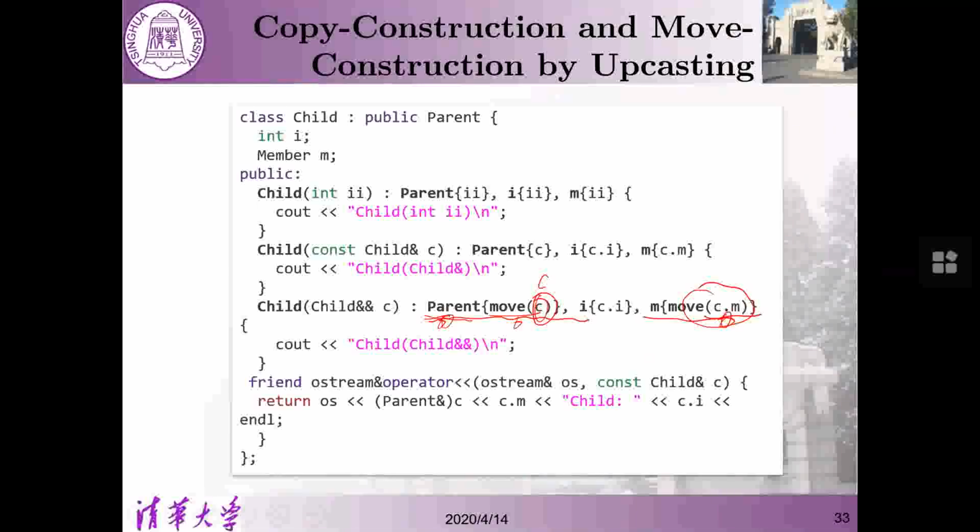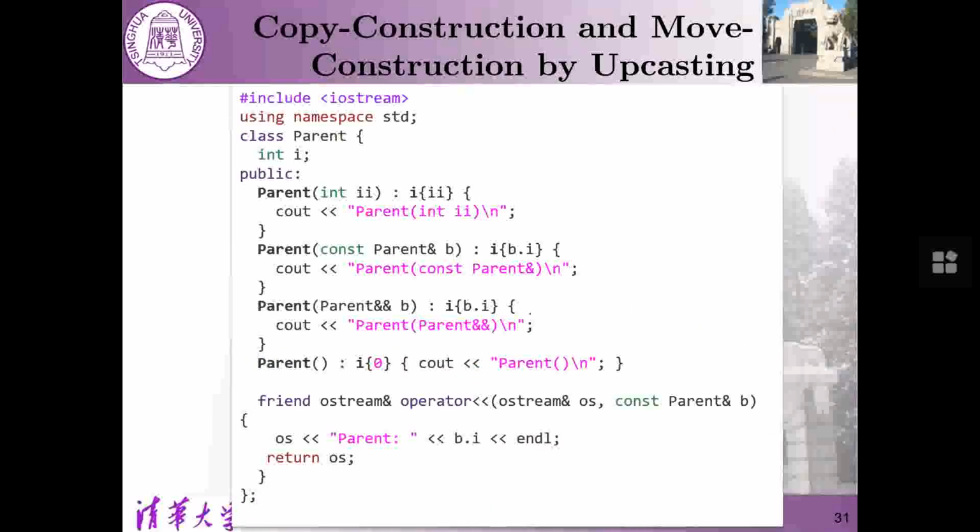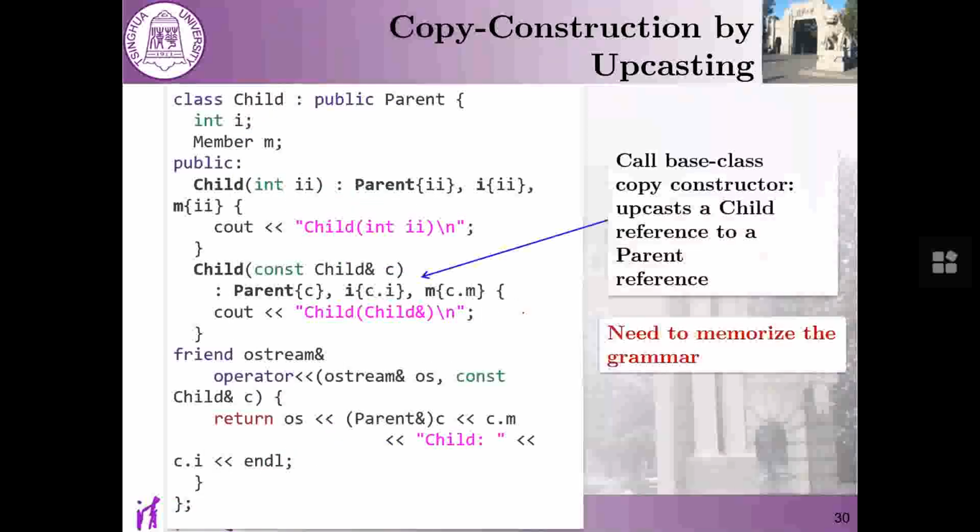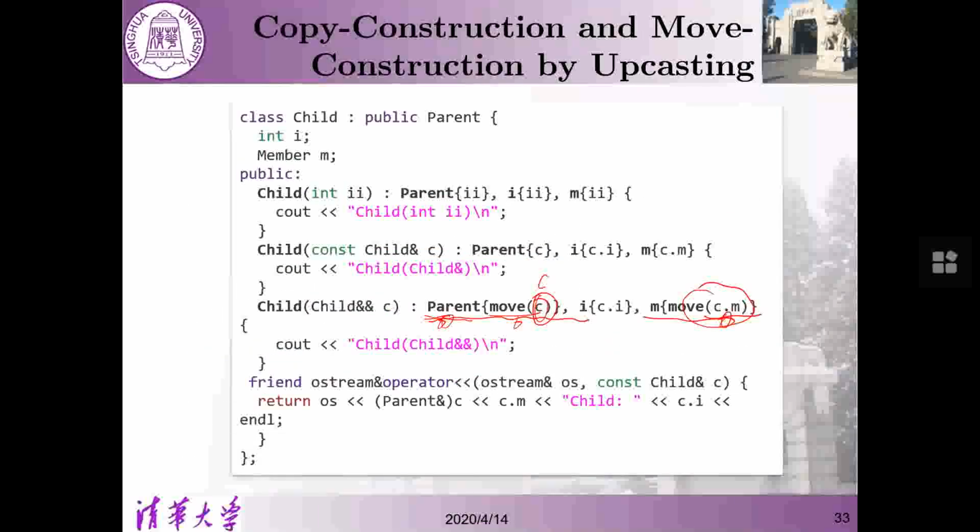By saying the parent part is moved, we mean, for example, this very simple example. Let's draw a picture for this. For this child object, we have some parent data. For example, there may be a pointer, which points to another memory. And there's also the member part of the data.